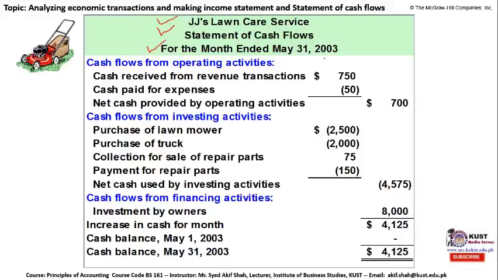A cash flow statement has basically three important sections. One is known as cash flow from operating activities. The second section is pertaining to cash flow from investing activities, where the company is either purchasing an asset or selling an asset. And the third section belongs to cash flow from financing activities.